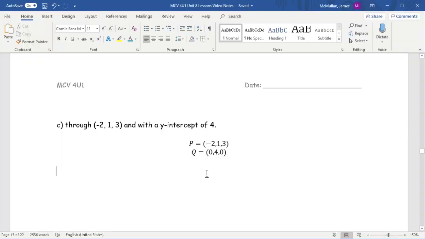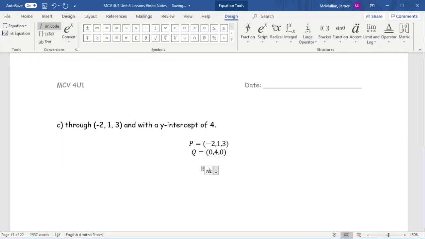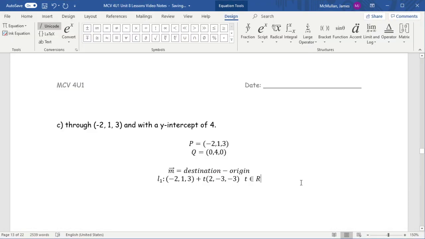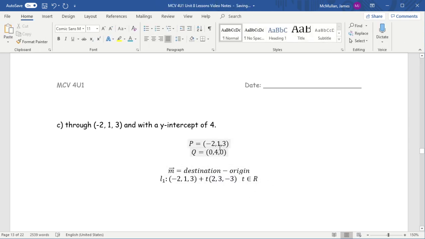All you're doing there is direction vector equals destination minus origin, and the line would be equal to (-2, 1, 3) plus t(2, -3, -3), where t is in the reals. Oh, sorry, I think I messed this up. This should not be negative. To get from -2 to 0 is 2, to get from 1 to 4 is 3, to get from 3 back down to 0 is -3, right?